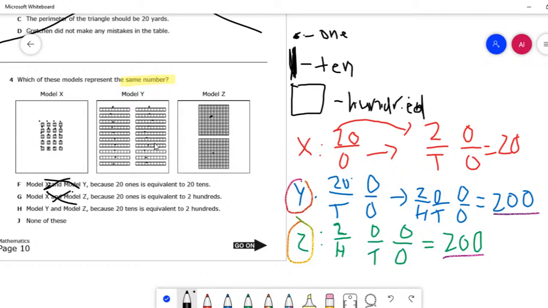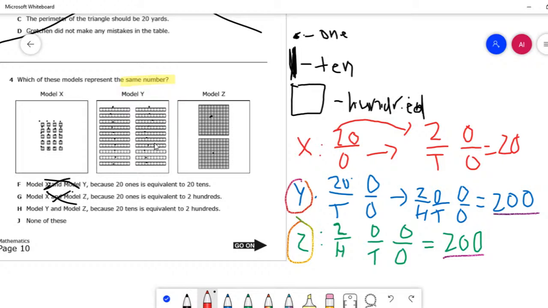Choice H says model Y and Z, and as we determined, both of them have the same value, meaning that model Y and Z are the same number. But let's read the rest of the answer choice just to make sure. Model Y and model Z, because 20 tens is equivalent to 200s. And that is exactly what we ended up doing when converting it.